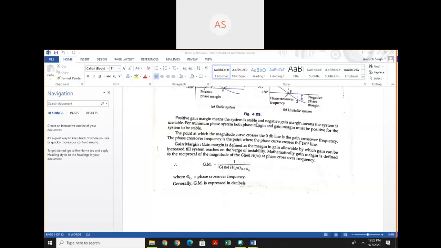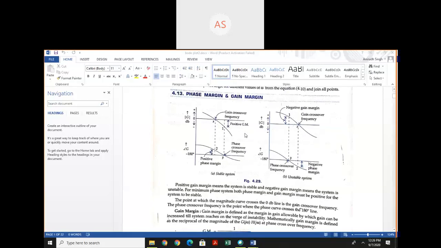Positive gain margin means the system is stable, negative gain margin means the system is unstable, and the point at which the magnitude curve crosses the 0 dB line is known as gain crossover frequency. This is the magnitude curve, and it crosses the 0 dB line at this frequency, which is known as gain crossover frequency.